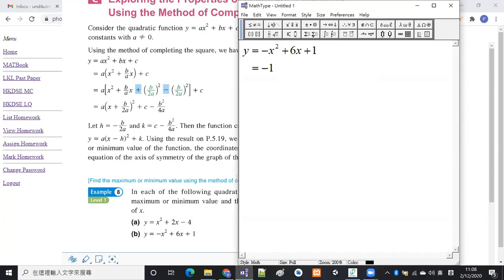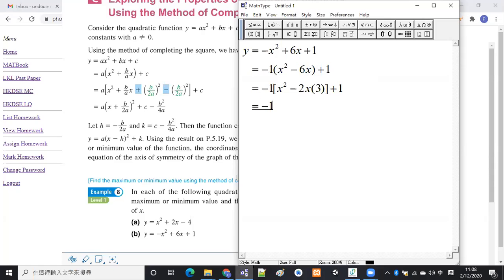So we need to take out the a and then keep the constant term. And then we will write the middle term as 2x times a number. In this case, this will be like this.